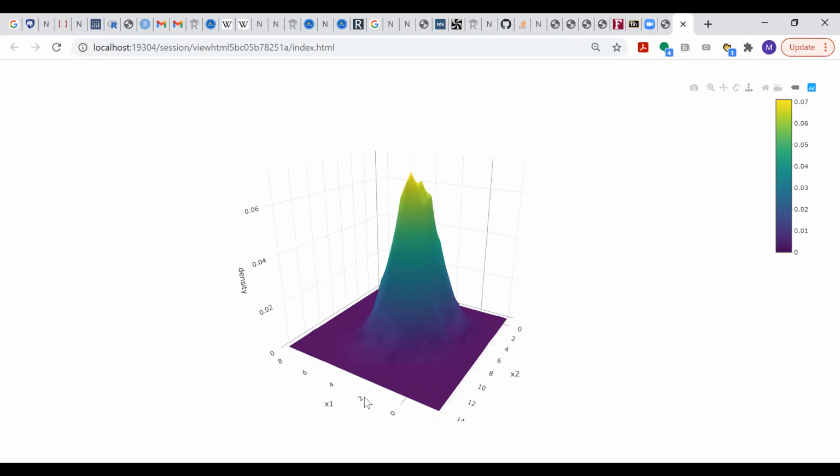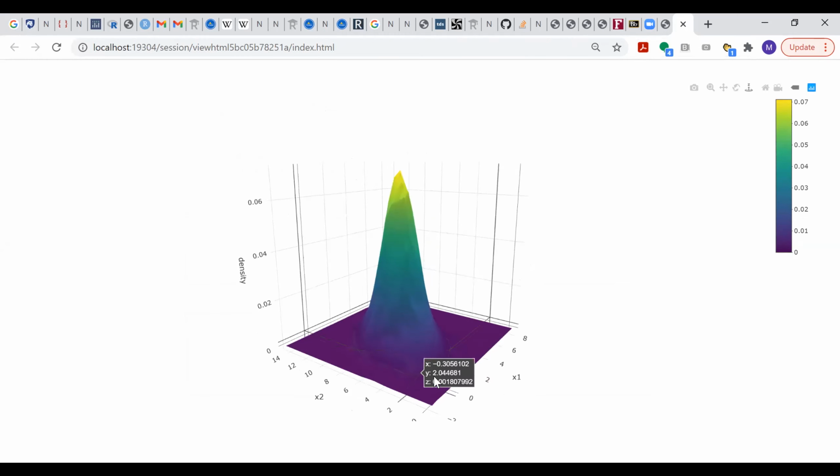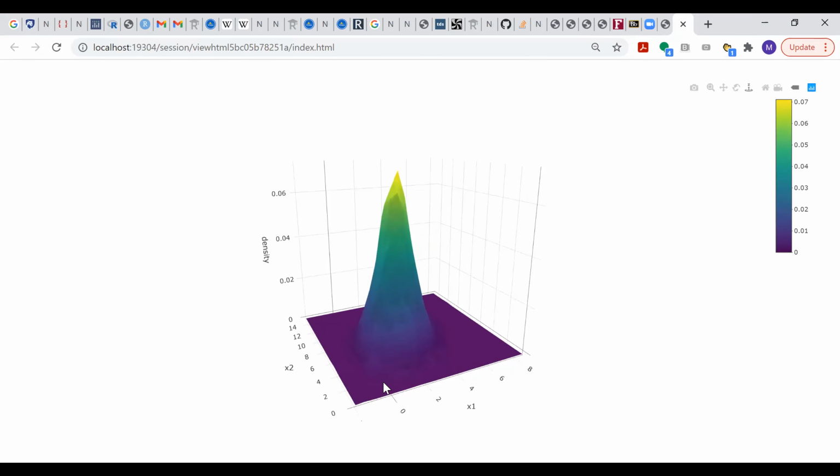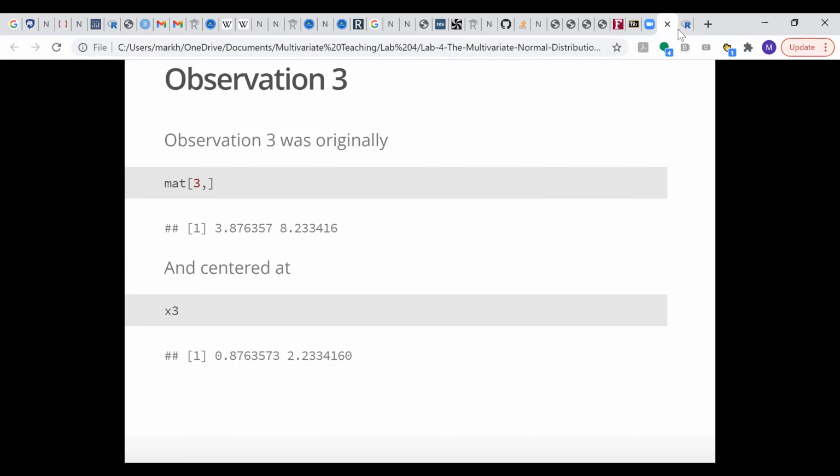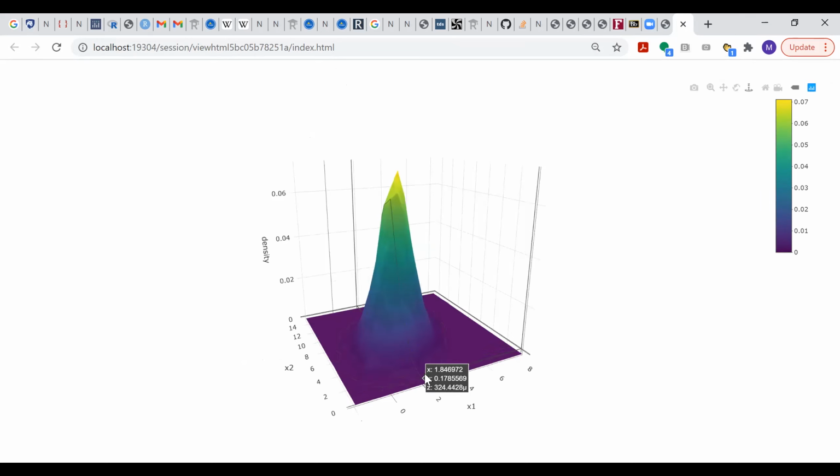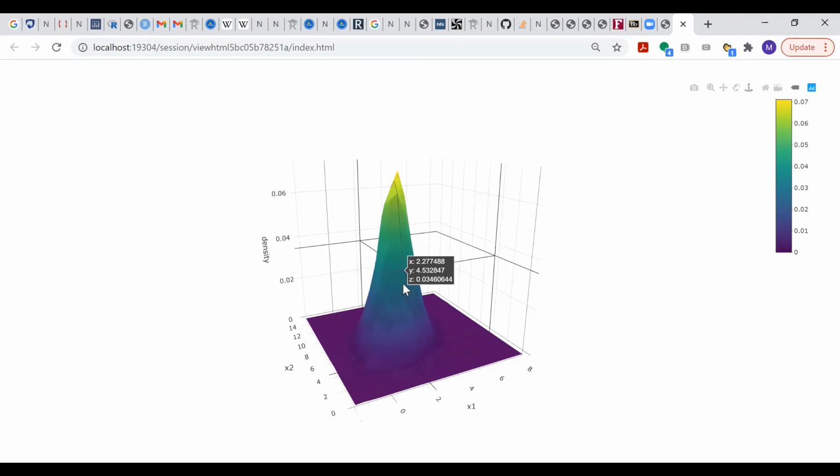So x1 is 3. Circle this around so it looks okay. So x1 is 3.88, so it's somewhere around here. All right, 3.99, close enough. And what was 3.88 and 8.2?